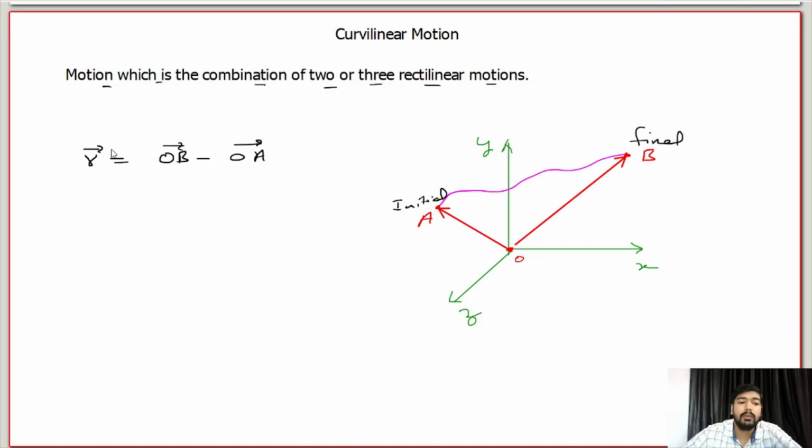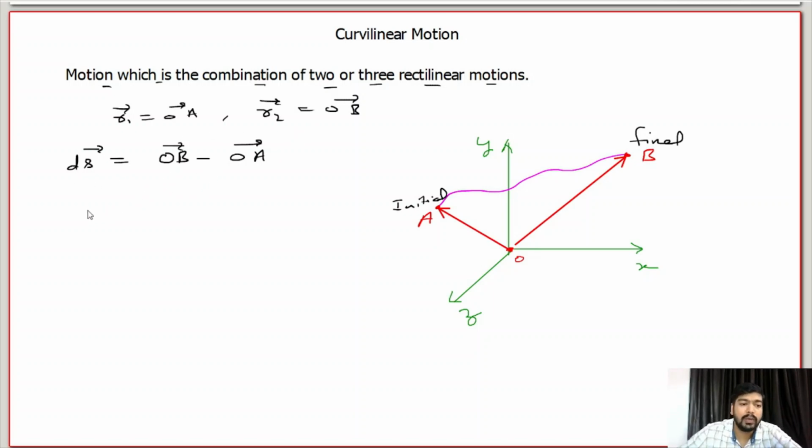So this is not the position vector, this is the displacement vector. Position vectors are r1, that is OA, and r2, that is OB. This is my displacement vector.